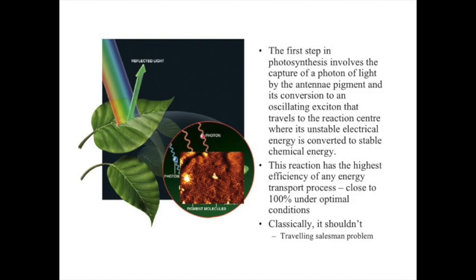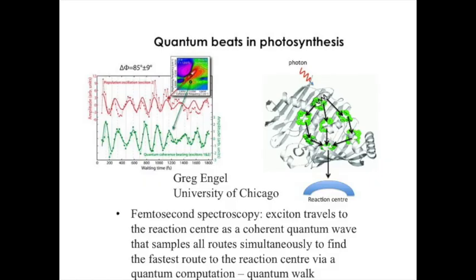So a big step forward in that, that should be quantum beats in photosynthesis, was taken by Greg Engel, who was working in Graham Fleming's lab at the University of California.